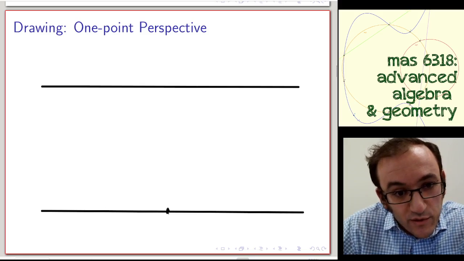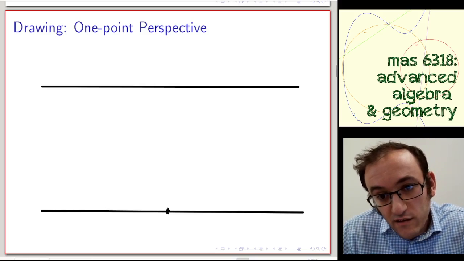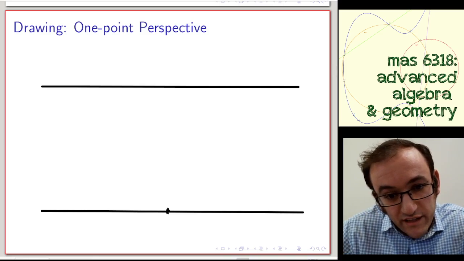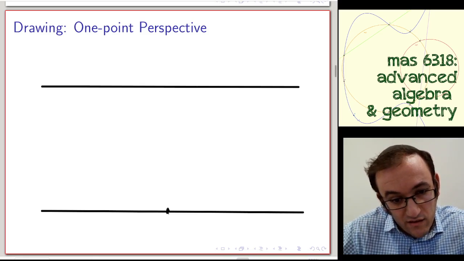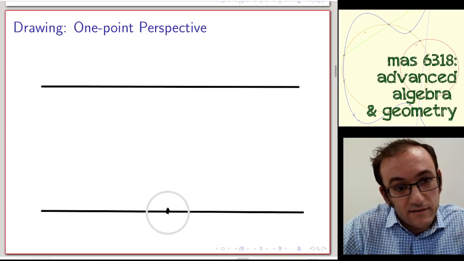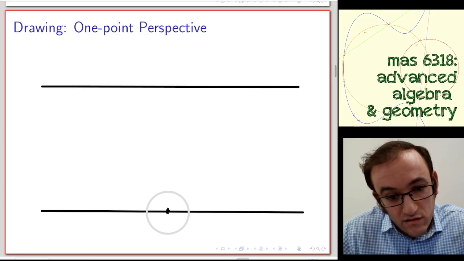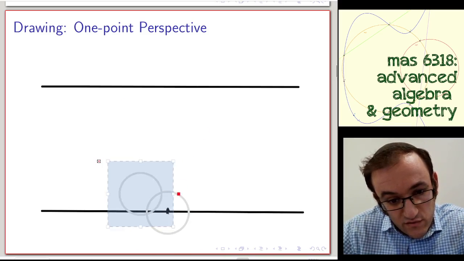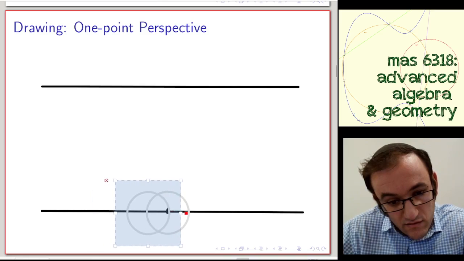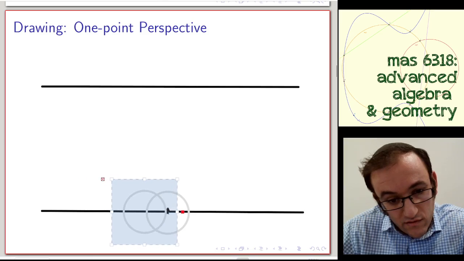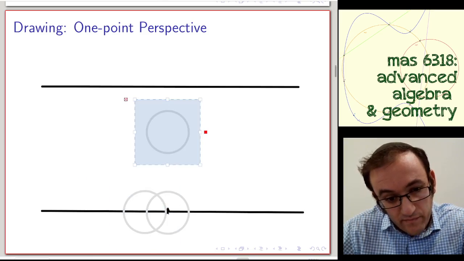Okay, and in order to do that, we'll use some circles. And we'll put them in light gray. Okay, so we have this. And I will paste a few copies. Yeah, let's do it this way.